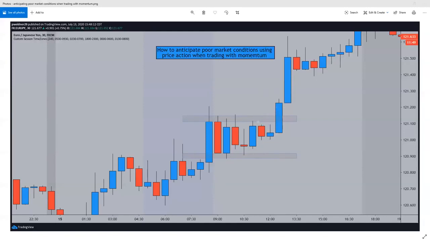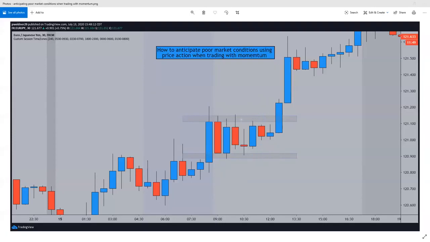Now you could either wait for it to close above, or you could try to catch it as it's going and anticipate that all these higher lows that we've created are telling you that price is going to go up. So you could say, all right, if we get above this bearish candle or this one or any of these wicks here, price should continue.